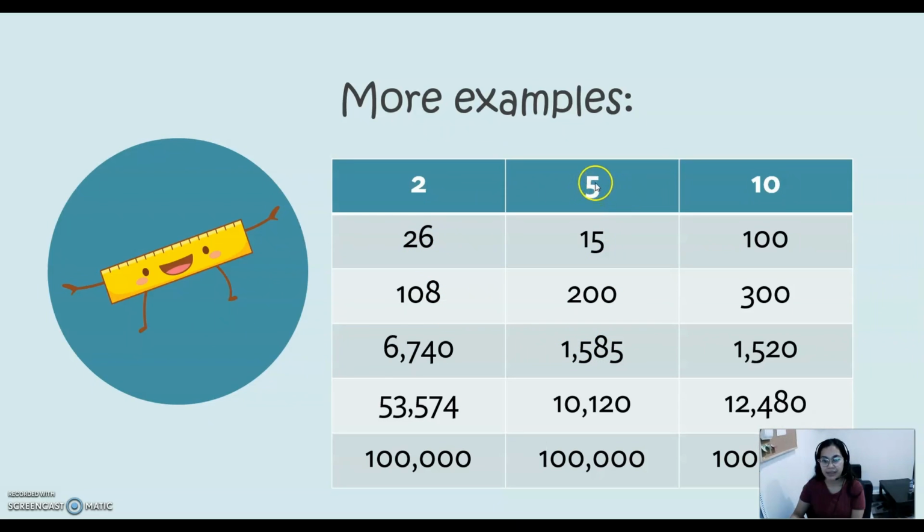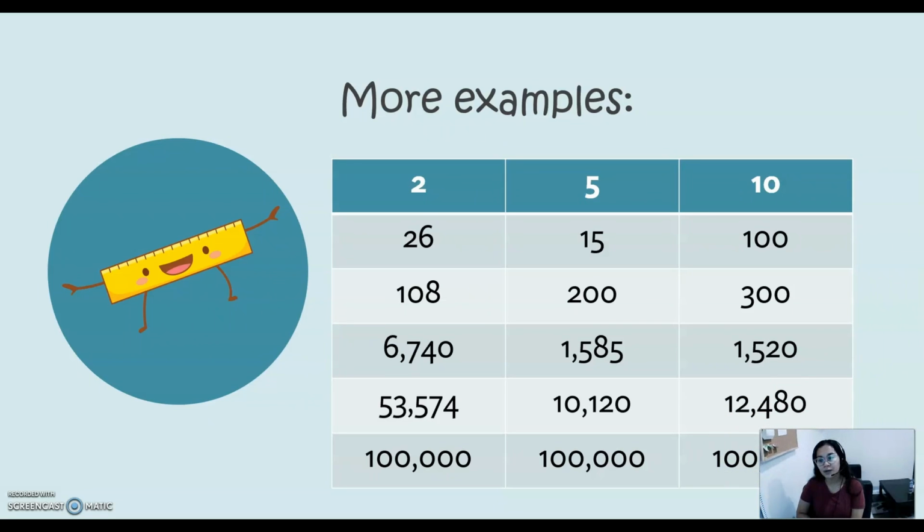Next, the numbers divisible by 5: 15, 200, 1,585, 10,120, and 100,000. These numbers are divisible by 5. Next, the numbers divisible by 10, or the numbers that end in 0: 100, 300, 1,520, 12,480, and 100,000.